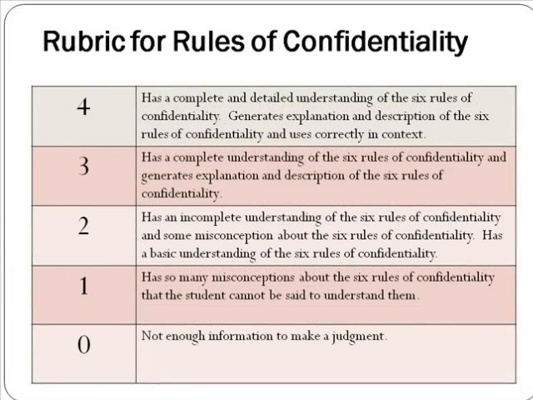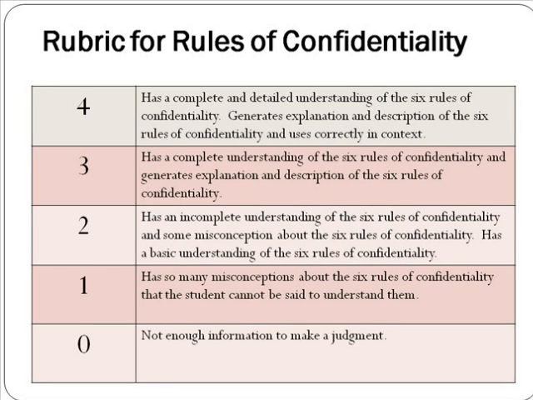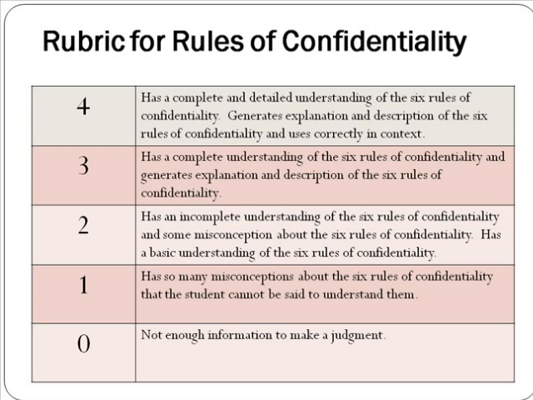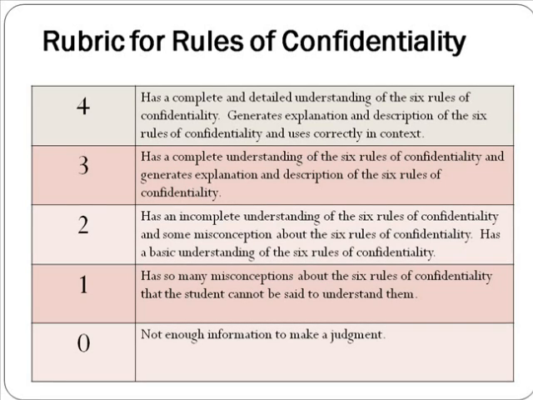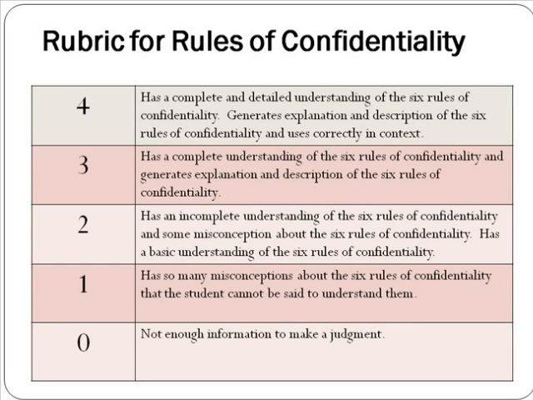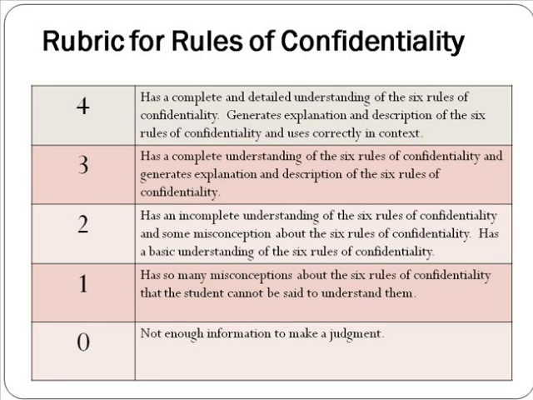The last rubric is for rules of confidentiality. You obtain a 4 if you have complete and detailed understanding of the 6 rules of confidentiality. You generate explanation and description of the 6 rules and use them correctly in context. You obtain a 3 if you have complete understanding of the 6 rules of confidentiality and generate explanation and description of the 6 rules of confidentiality.